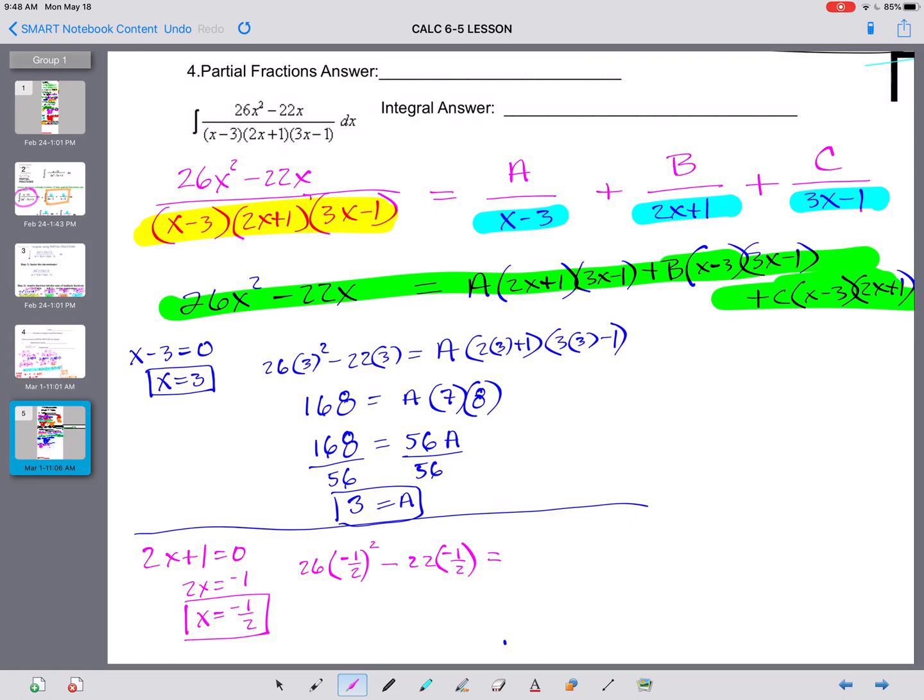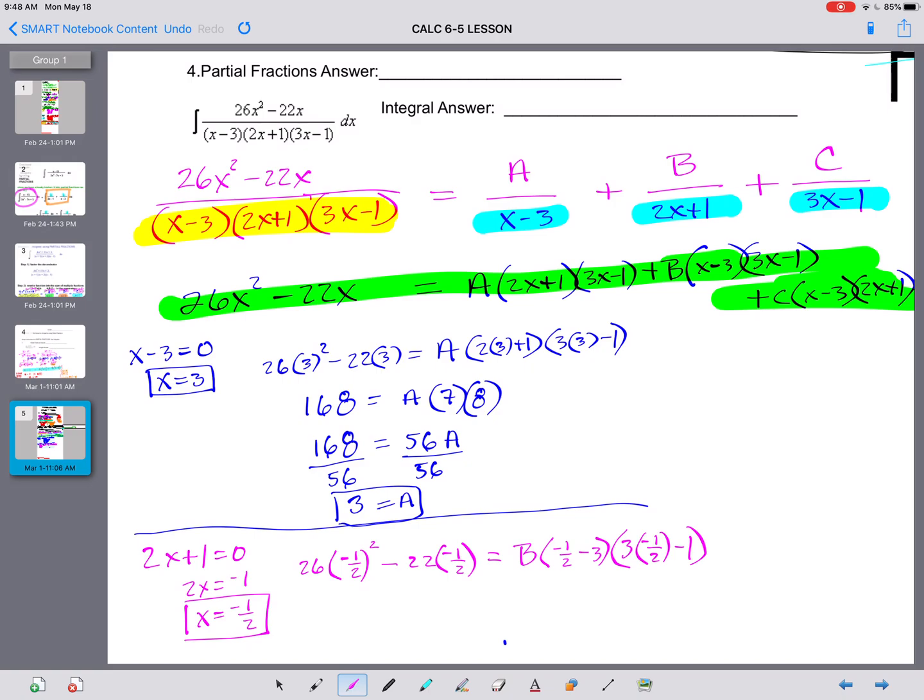There are B's: B times (negative 1/2 minus 3), times (3 times negative 1/2 minus 1). There are no C's.